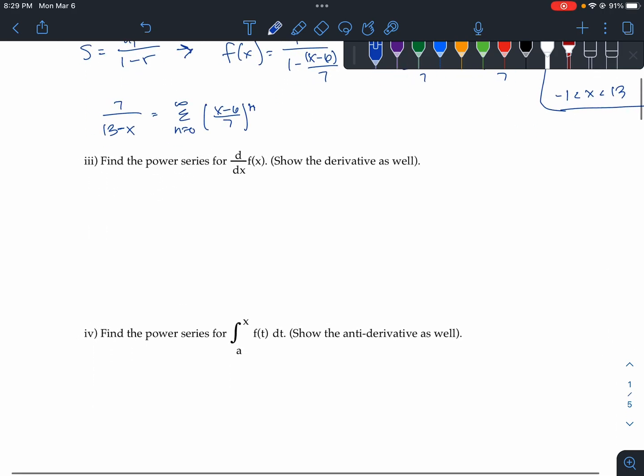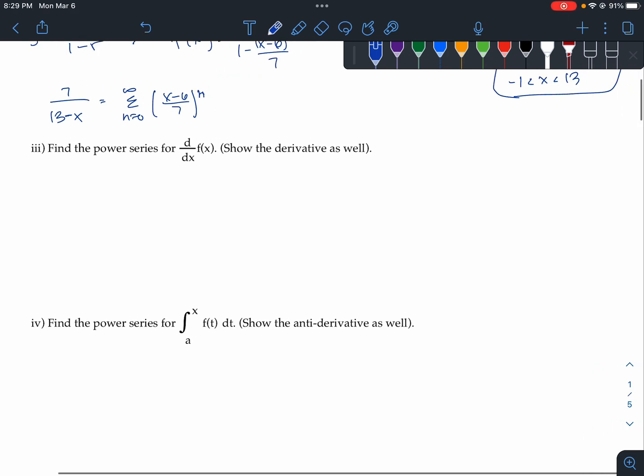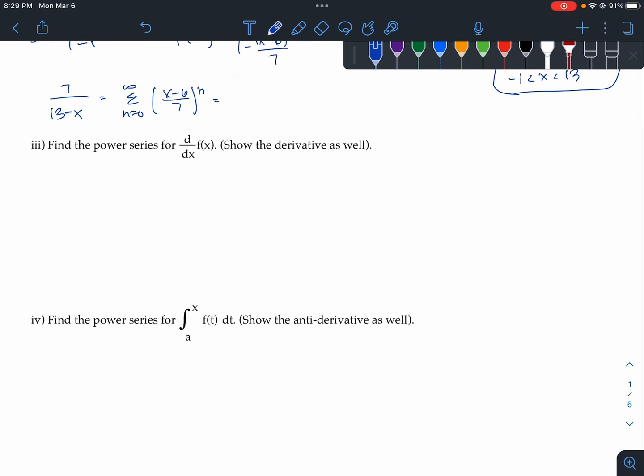And just for the sake of illustration, not that you have to show this, this is equal to 1 plus x minus 6 over 7 plus x minus 6 over 7 squared, all the way to x minus 6 over 7 to the nth, and then n plus 1, and so on and so forth. It just helps me to visualize what's going to happen for these next two steps.